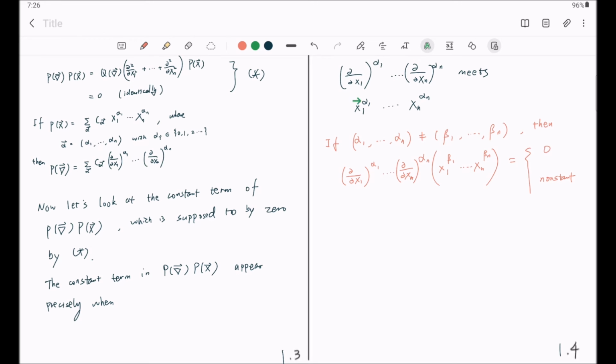So this is precisely the case where we're going to get a non-zero constant. In the theory of polynomials, of course, we do not call 0 a constant. And what happens when this meets this? This will give us 1.